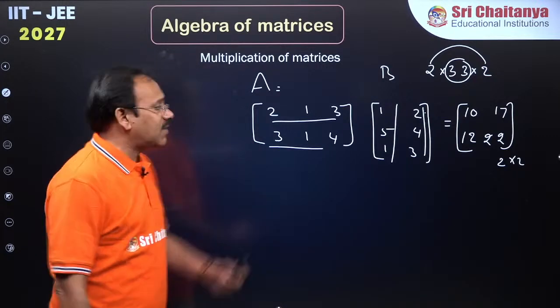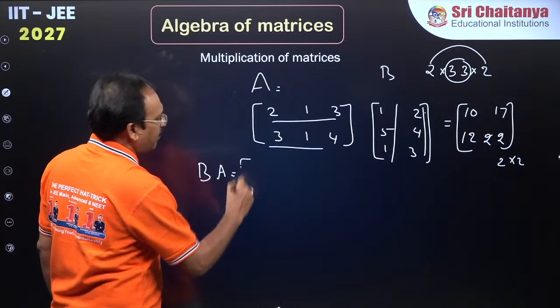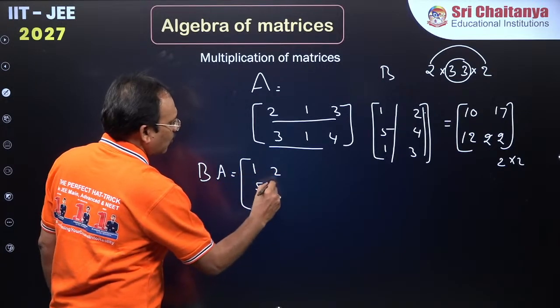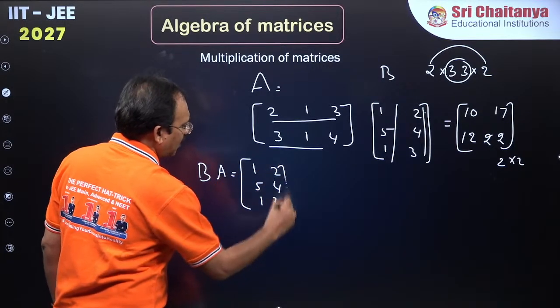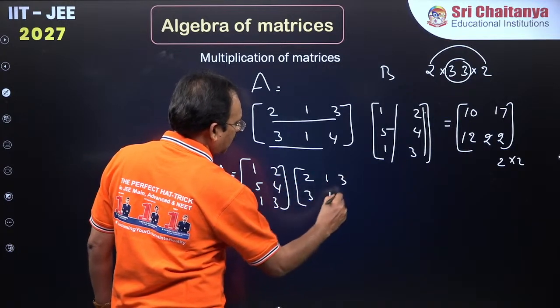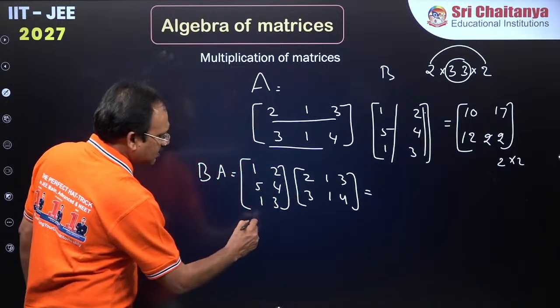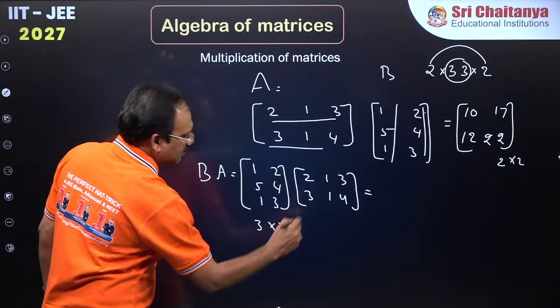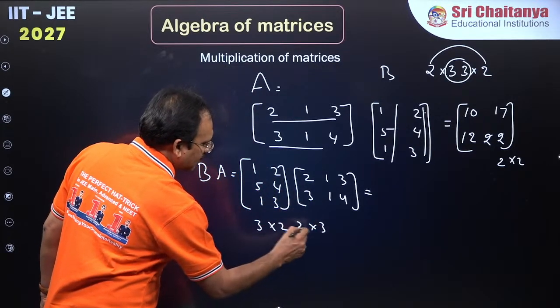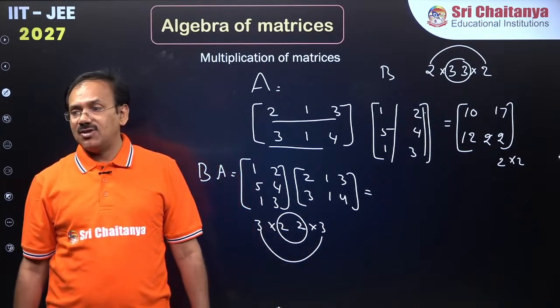In the same case you find BA. B is 1, 2, 5, 4, 1, 3 and A is 2, 1, 3, 3, 1, 4. This is a 3 by 2 matrix and this is a 2 by 3 matrix, so the result will be a 3 by 3 matrix.